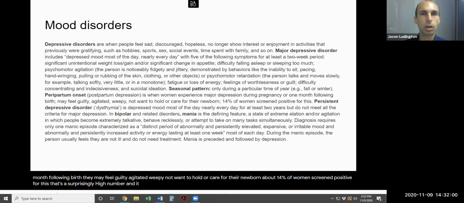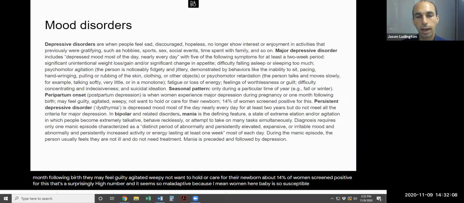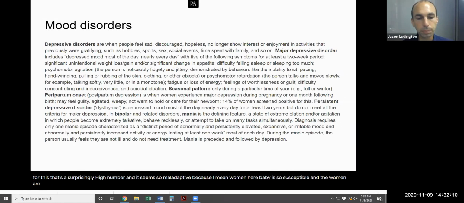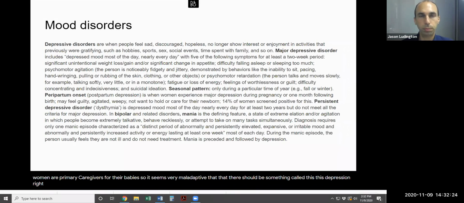And it seems so maladaptive because right when you first give birth, your baby is so susceptible, and the women are primary caregivers for their babies. So it seems very maladaptive that there should be something called this depression right after giving birth, but it happens.